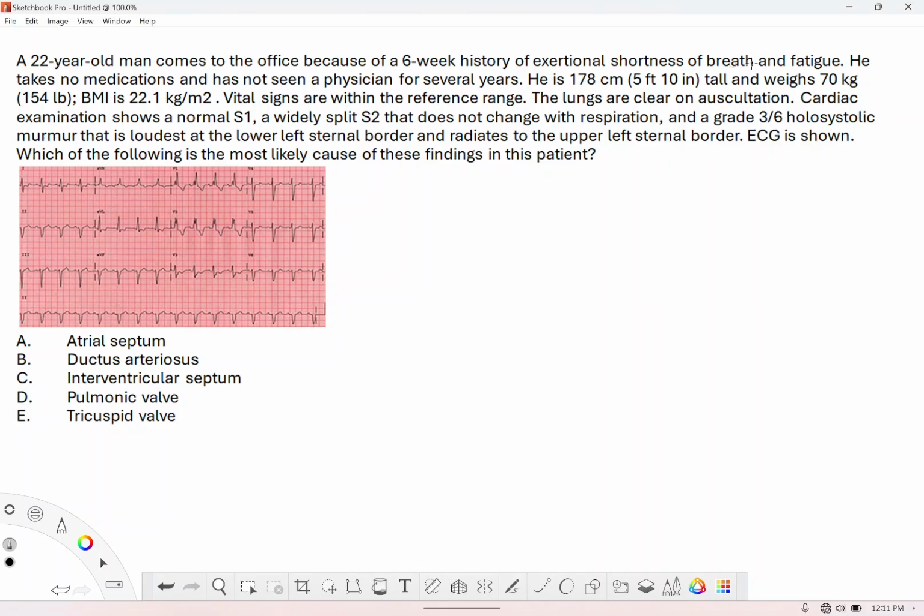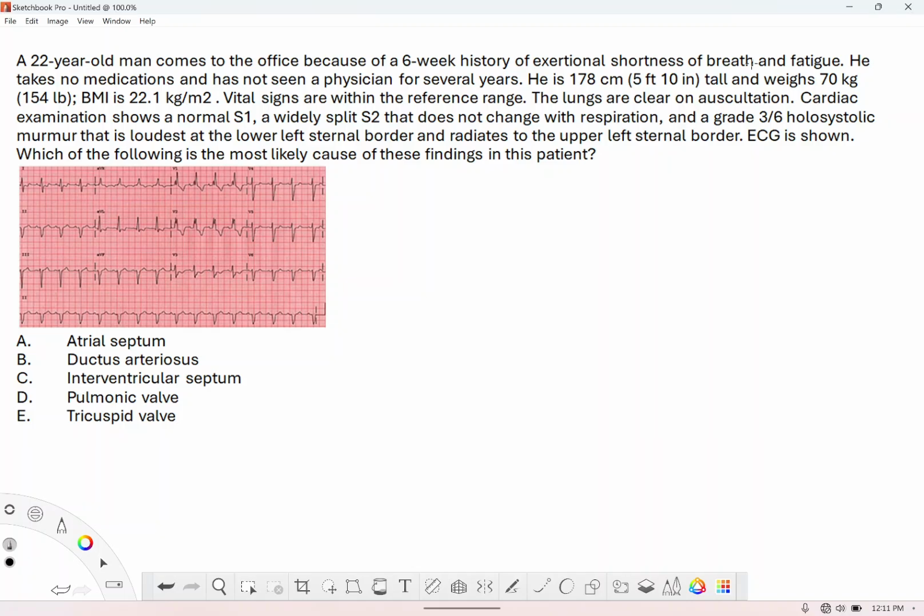Okay, so next question, let's read this. This question is talking about a 22-year-old man who comes to the office because of a 6-week history of exertional shortness of breath and fatigue. He takes no medication and has not seen a physician for several years. He is 5'10" and 154 pounds. BMI is 22.1 kilograms per meter squared. Vital signs are within the reference range.